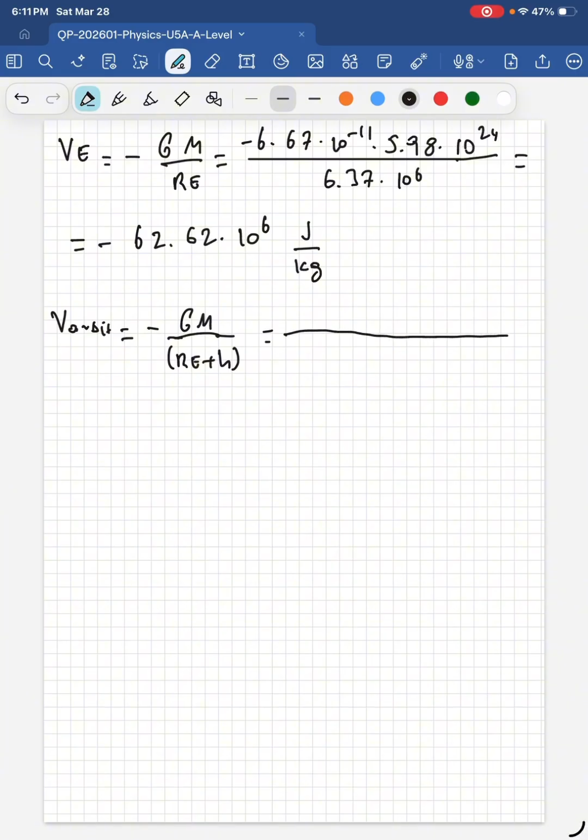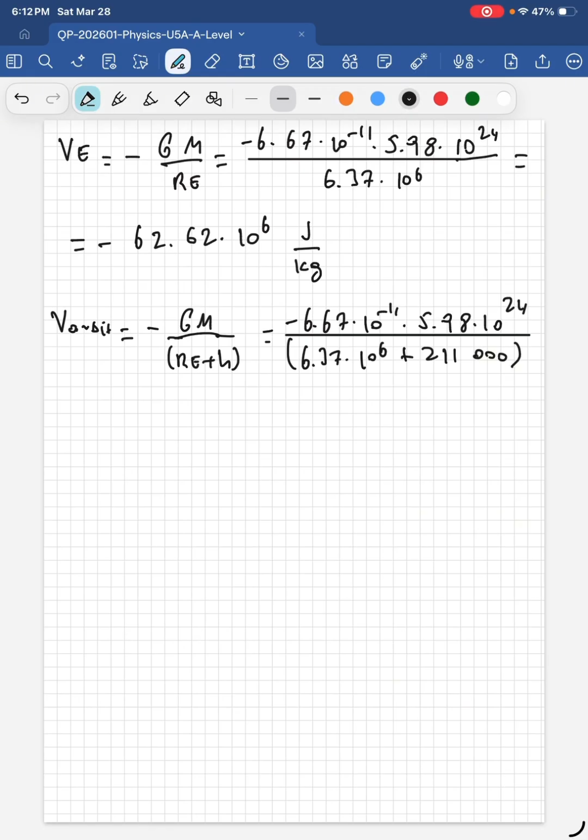Okay, so in the numerator we have exactly the same quantities as before, minus 6.67 times 10 to the negative 11 times 5.98 times 10 to the 24 over 6.37 times 10 to the 6 plus 211,000, okay, and if we do this calculation we will find minus 6.61 times 10 to the 6 joules per kilogram.